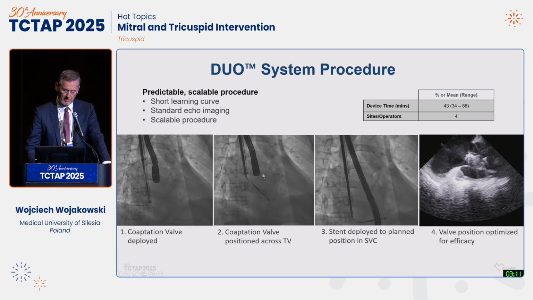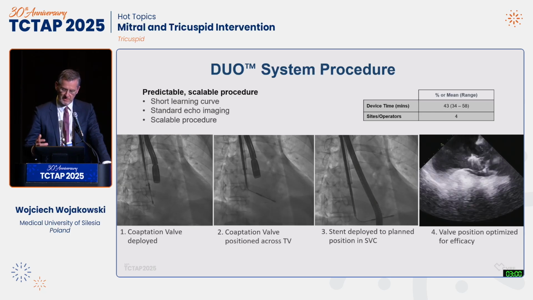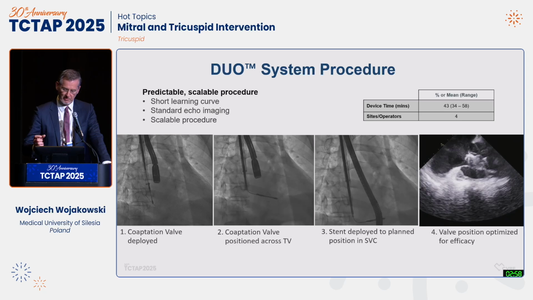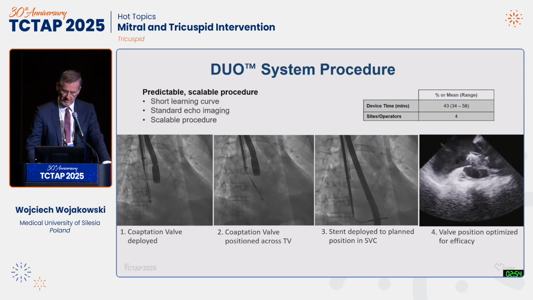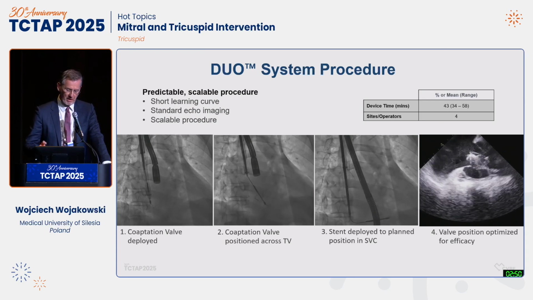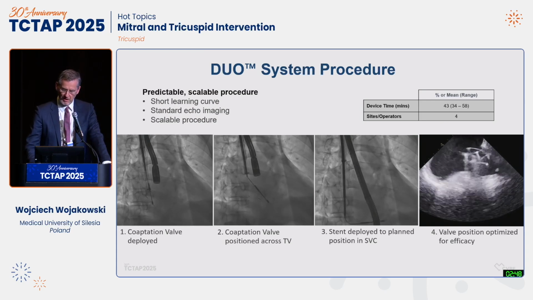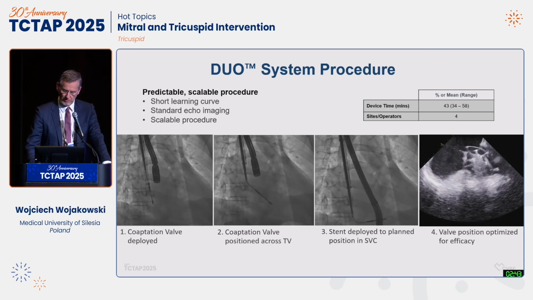Then number 3 shows unsheathing of the self-expandable stent in the SVC. And still there is a chance to reposition the valve within the annulus to provide the best sealing of the TR. And as you see, despite very early experience, the implantation time was only 43 minutes.